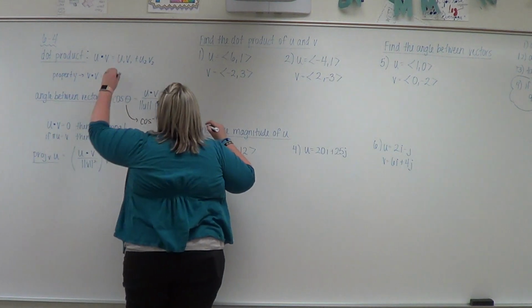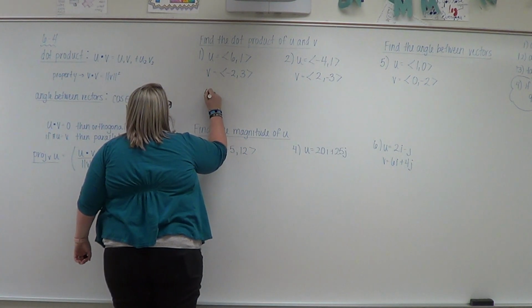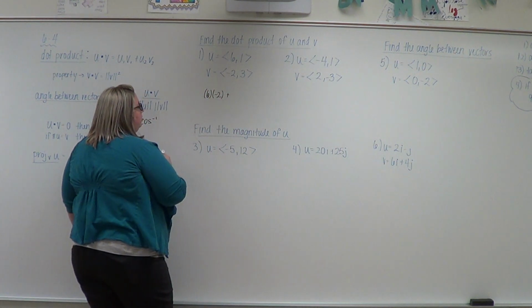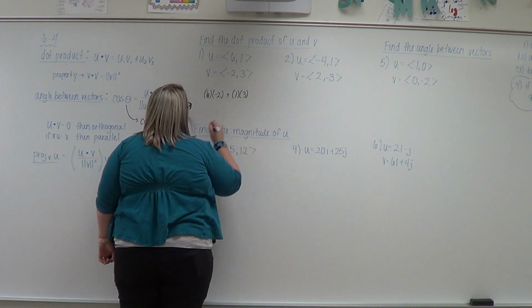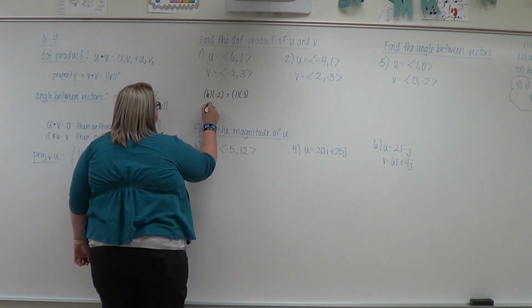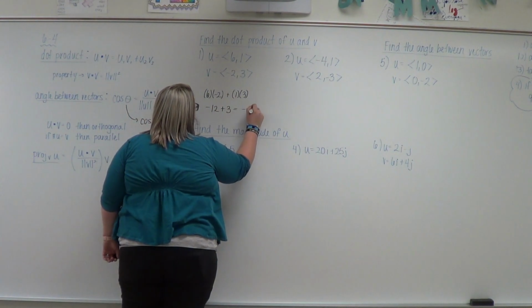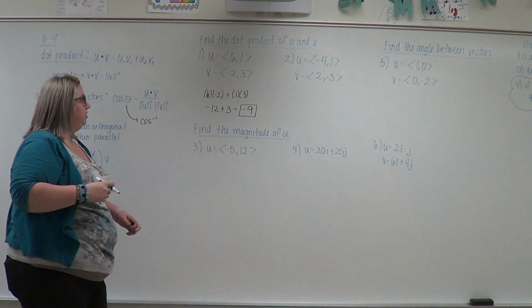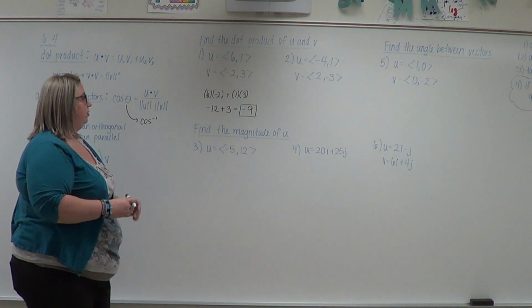You do the first part of u times the first part of v, so 6 times negative 2, plus the second parts multiplied together, 1 times 3. 6 times negative 2 is negative 12, and 1 times 3 is 3. Add those together, I get negative 9. Dot product is always a number. It's not a vector, it's just one single number.